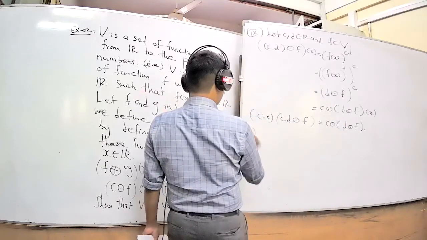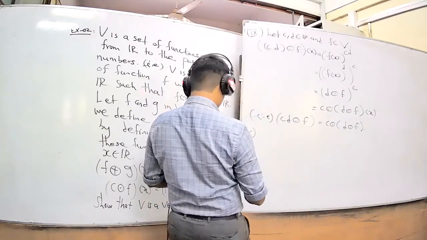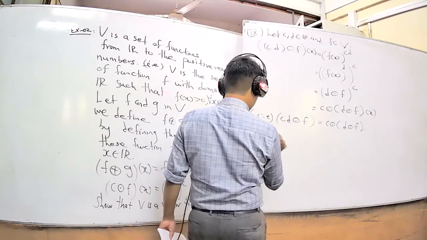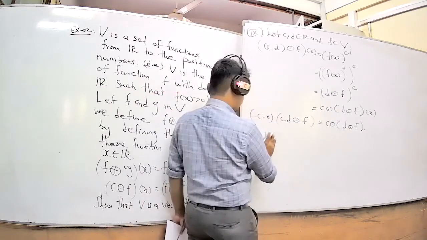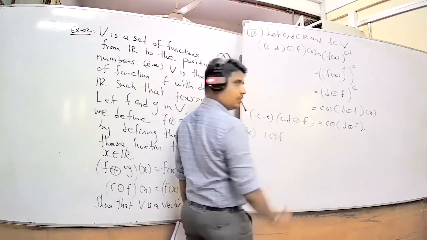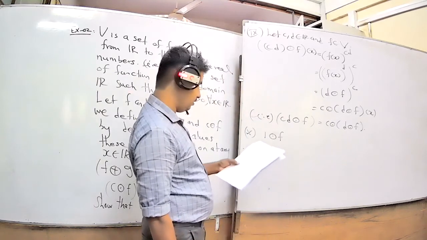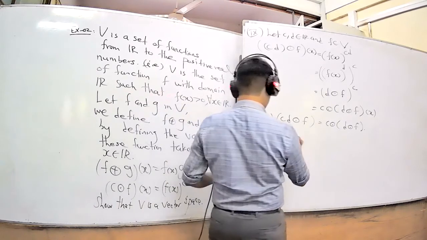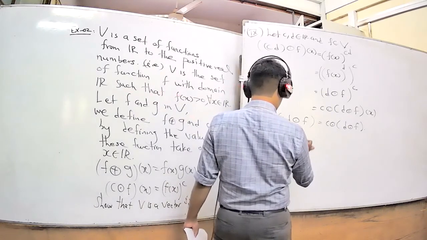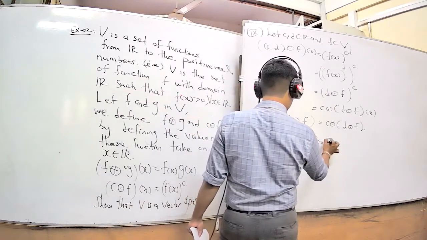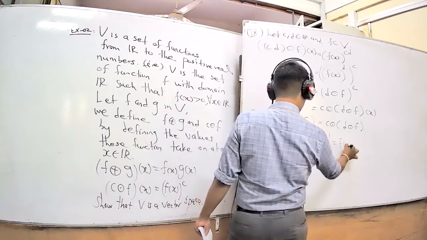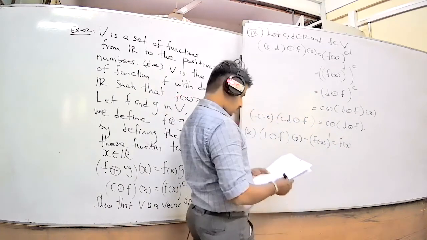Axiom number 10. It is f of x to the power 1, again f of x.